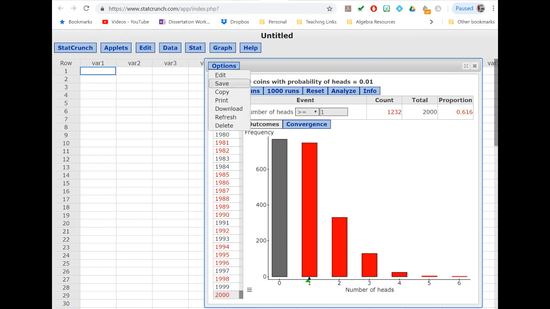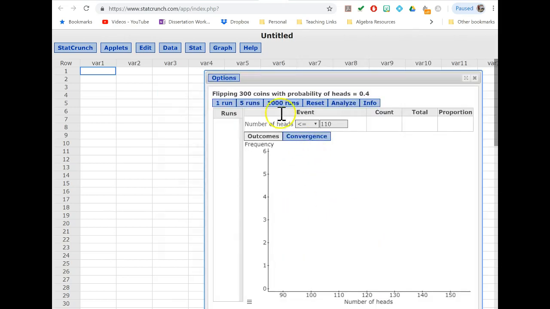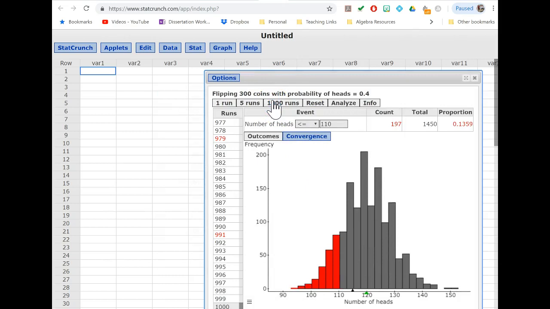So in this case, let's actually just go ahead and redo this one. Let's change this up. Oh, I have to pull out my keyboard. This was a 40% out of 300, and we're interested in less than or equal to. So this, by the way, is just going to do the same calculation, but as a simulation as opposed to something mathematical.